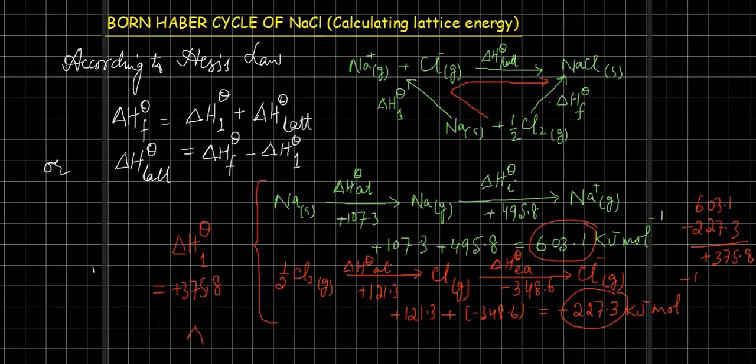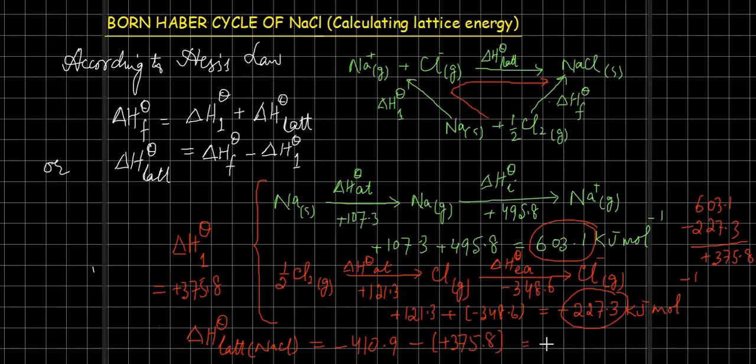So putting the value of standard enthalpy change 1 and enthalpy change of formation in to get the lattice energy. Finally, we are going to calculate the lattice energy for sodium chloride, which is equal to the standard enthalpy change of formation, minus 410.9 kilojoule per mole, minus plus 375.8.